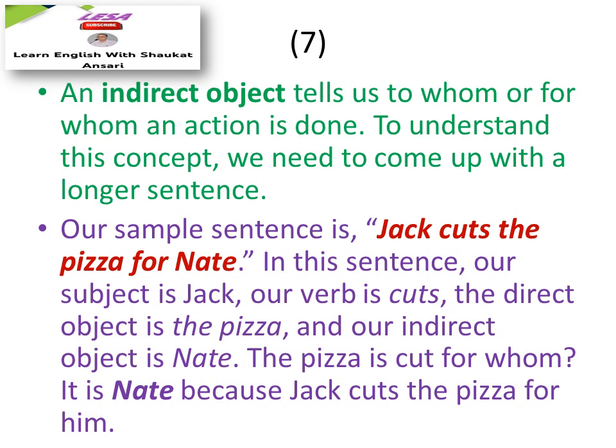To understand this concept, we need to come up with a longer sentence. But here again, I am giving you a simple sentence, and our sample sentence is Jack cuts the pizza for Nate.